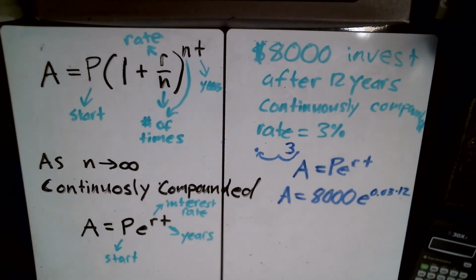I would throw that in the calculator. I would do 0.03 times 12 first, and we get 0.36. We raise e to that power, and then multiply by 8,000.